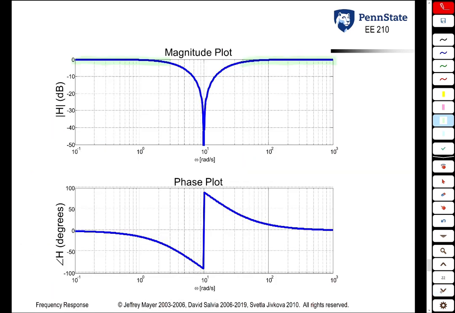So we see that in the vicinity of 10 radians per second, we start getting the frequency response dropping. And in fact, at 10 radians per second, we get a gain of 0 or minus infinity dB. Now in this plot, it looks like it's at minus 50. That's just because we don't have a lot of resolution. But it actually goes to minus infinity dB at that frequency.